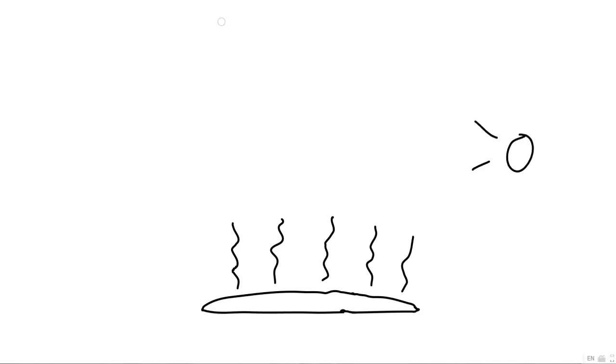This is a body of water. It is full of water molecules that are in liquid phase. When it is heated up by the sun, here's our sun, these form water vapor.